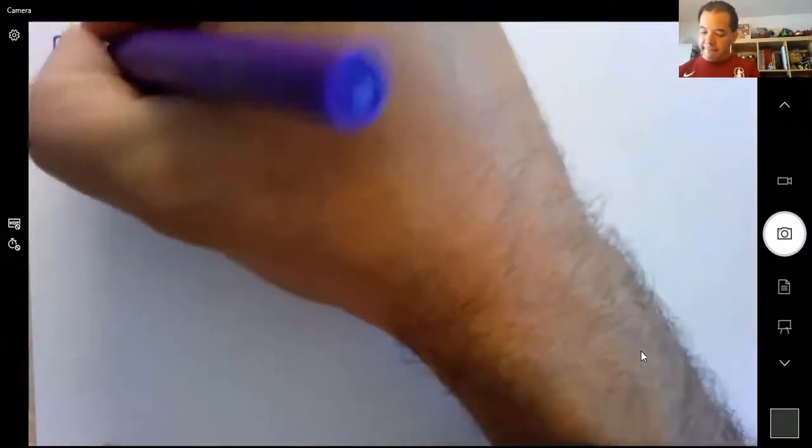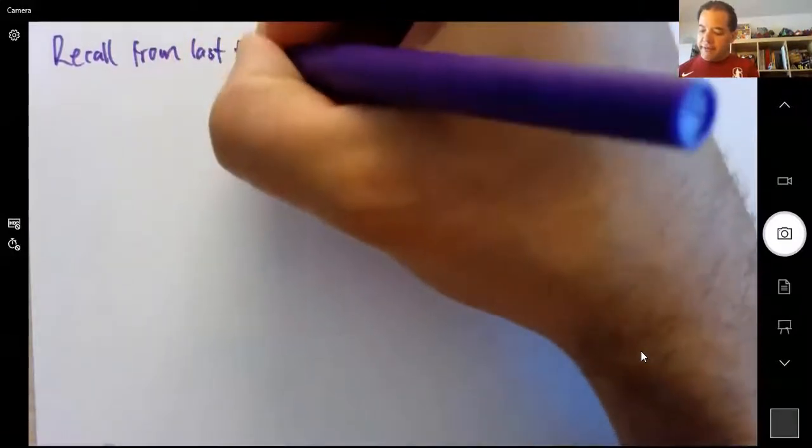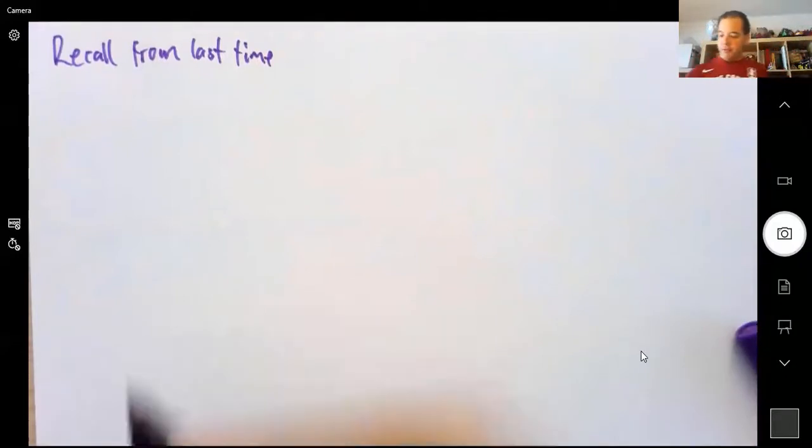So let's quickly review what we learned last time. So we learned about lower sums and upper sums. So recall from last time really quickly. What is it that we learned? Well, we define upper and lower sums for a partition.